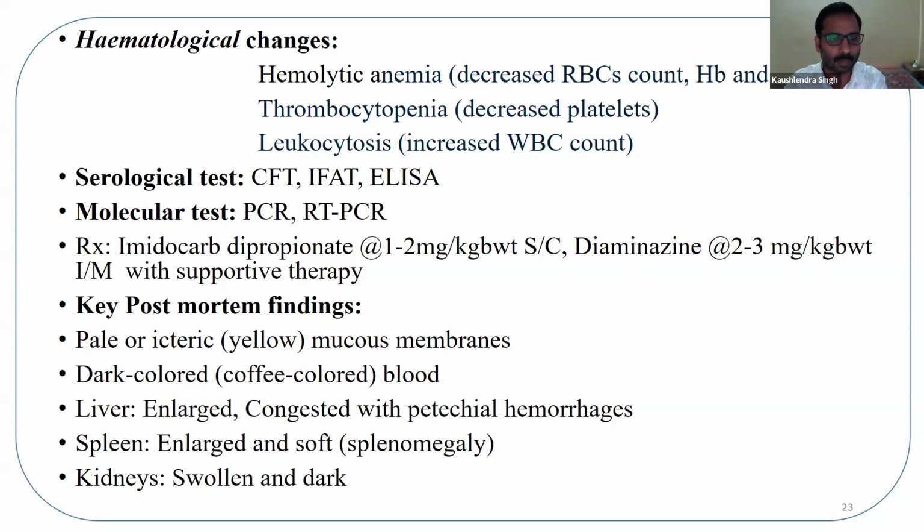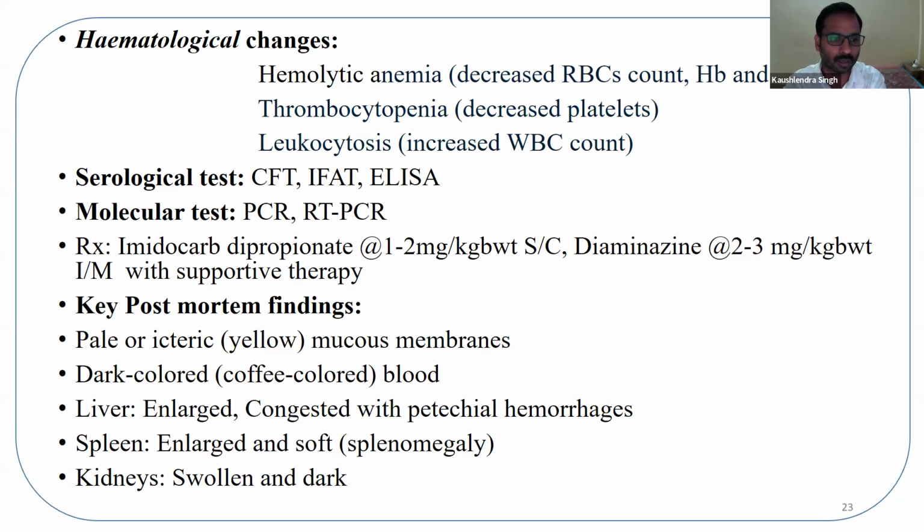Molecular tests like PCR and RT-PCR are used for the diagnosis of babesiosis. And come to the treatment: imidocarb dipropionate at the rate of 1 to 2 mg per kg body weight subcutaneously, or diminazene diaceturate may be used at the rate of 2 to 3 mg per kg body weight IM, with supportive therapy.